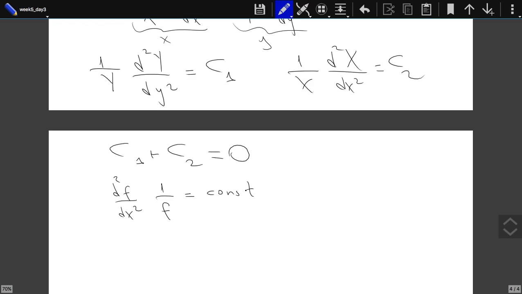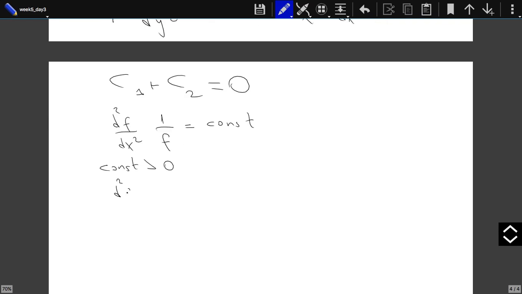Two cases will be important for us. This constant can be positive, or that constant can be negative. So let's say the constant is positive, case 1. We can write it as the square of some real number, because it's positive. So we have the function f should satisfy this equation.